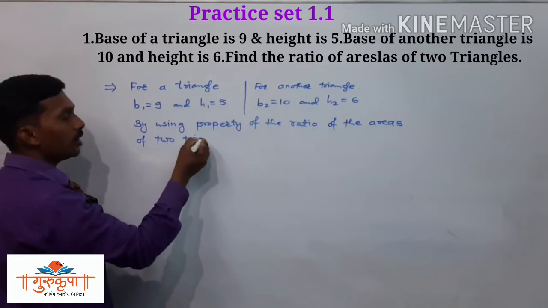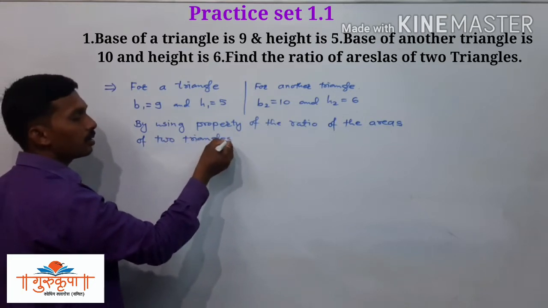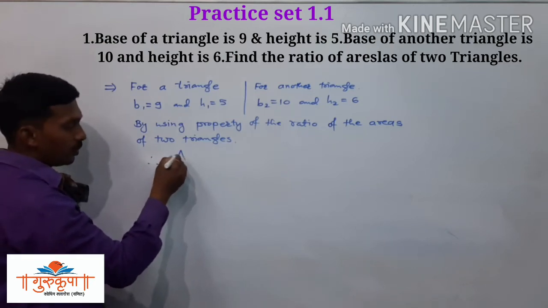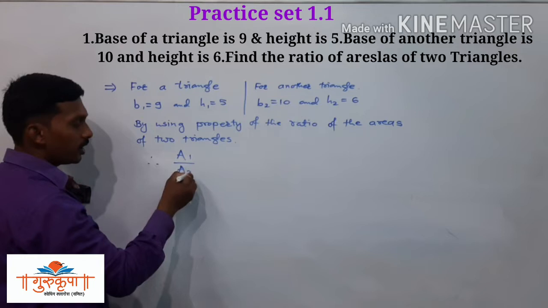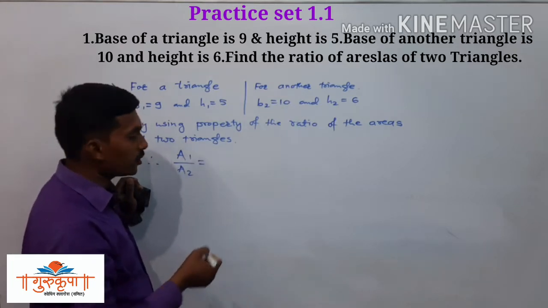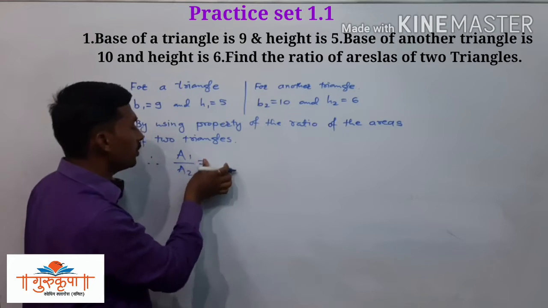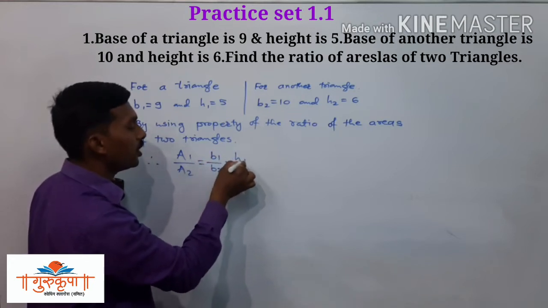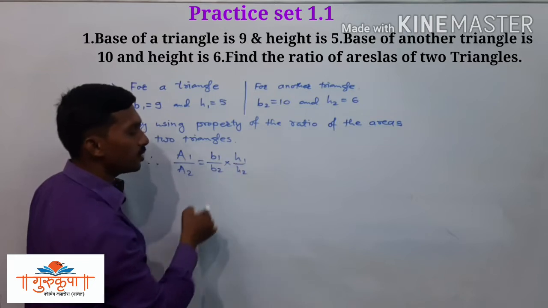What is the property? The property is A1 upon A2, that is the ratio of the areas of two triangles, is equal to the product of the ratio of their corresponding heights and corresponding bases. So here you can write B1 upon B2 multiplied by H1 upon H2.